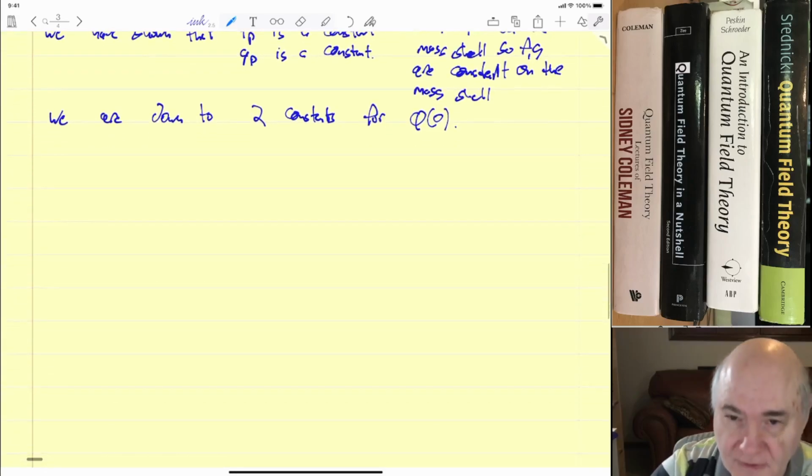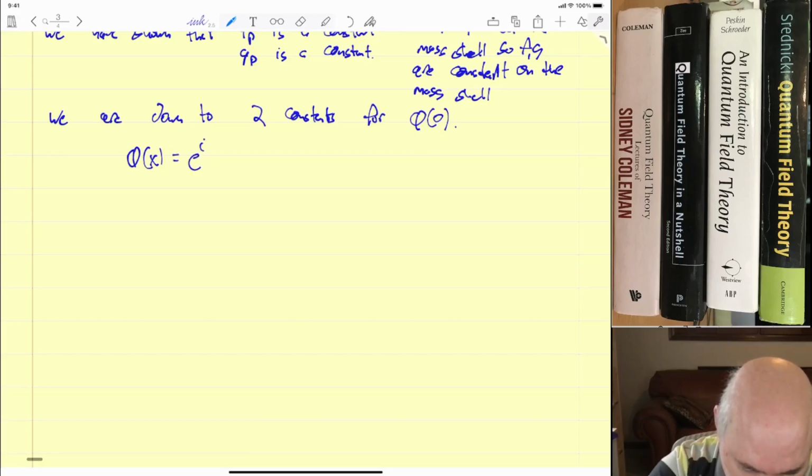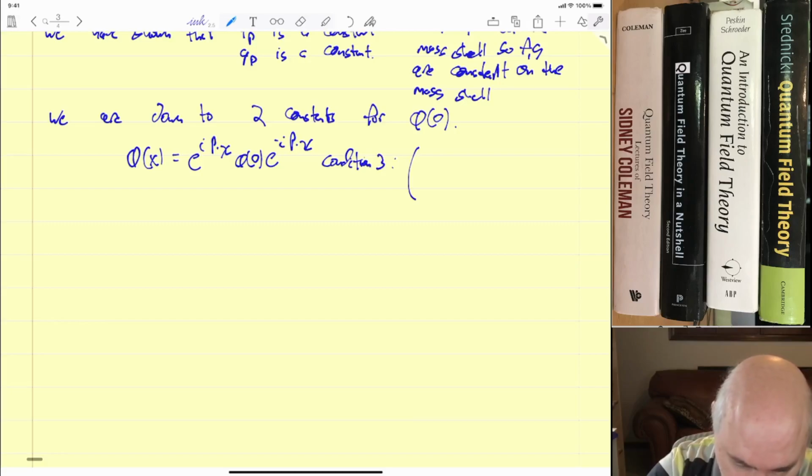Now, using our translation idea, which we said earlier in one of the conditions, this is condition 3. We get this equation, and we will relabel variables, x to 0.